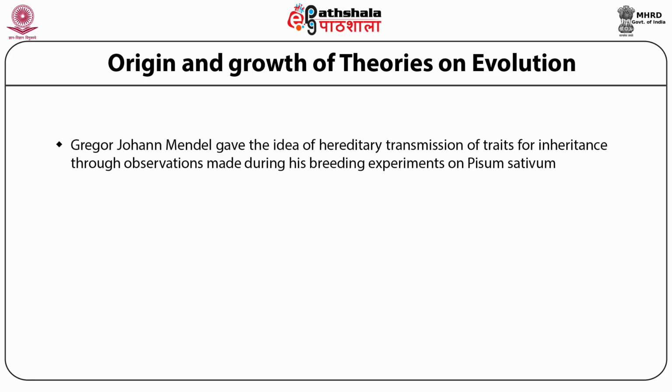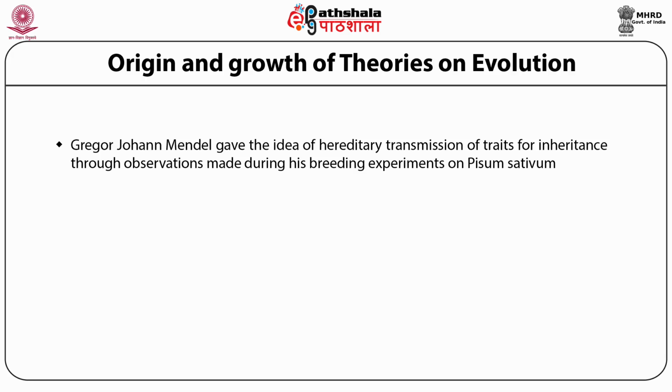Meanwhile, Gregor Johann Mendel gave the idea of hereditary transmission of traits through observations made during his breeding experiments on pea plants. Based on these observations, he proposed the particulate nature of hereditary transmission.